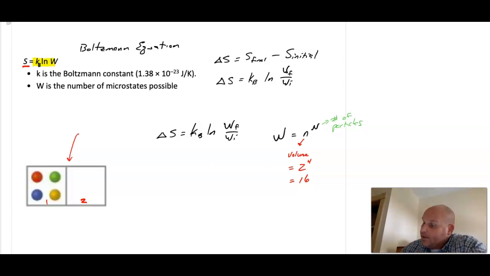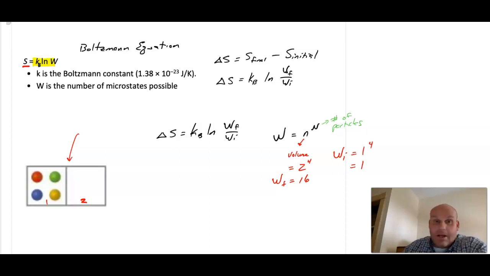This would be our final possibility. Our initial would have just been 1. Our space, our volume here, would have been 1. We still have 4 particles, and we would get 1 there as our initial possibilities of microstates.